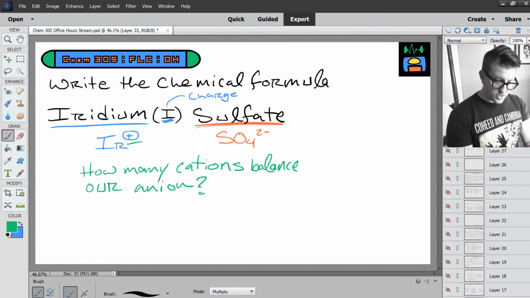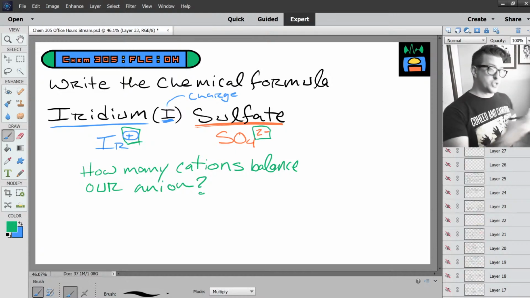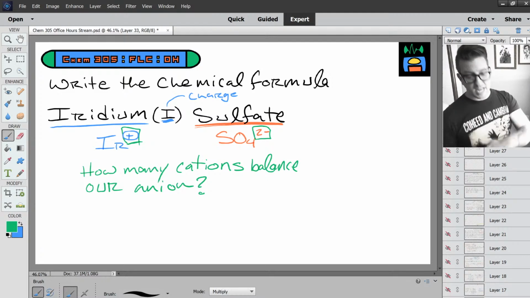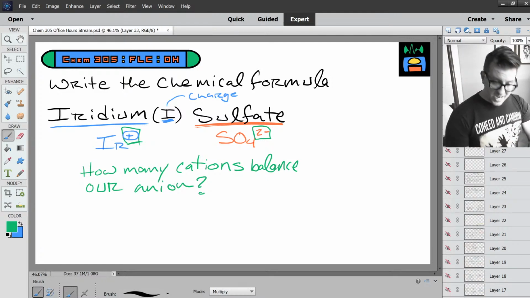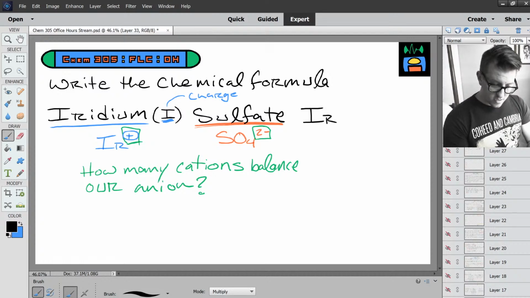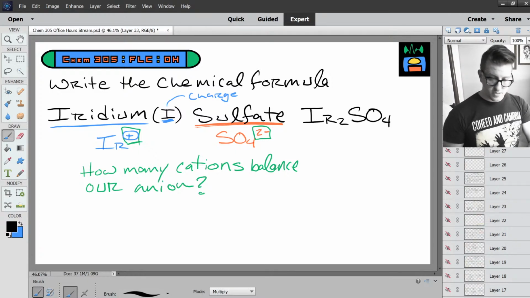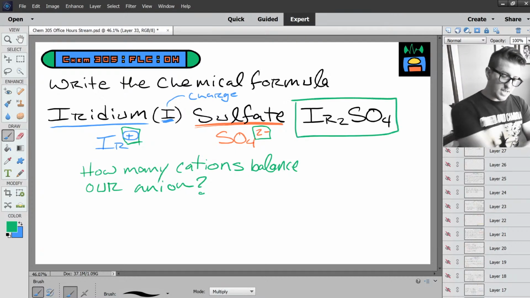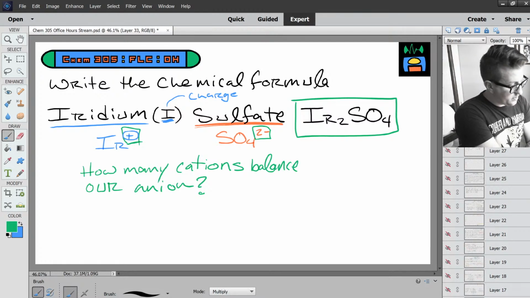And we have a charge of +1 and a charge of -2, so it's going to take 2 positive cations to balance with our anion. So we're going to need 2 iridiums to pair with our 1 sulfate. So iridium sulfate is Ir2SO4.